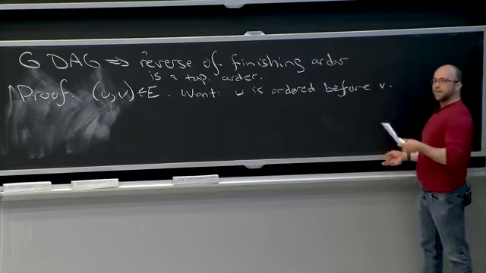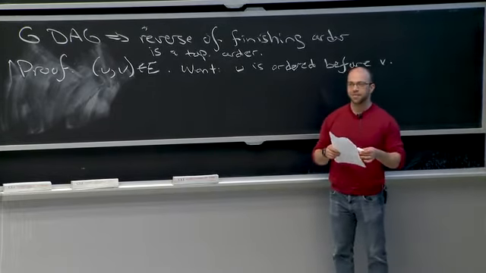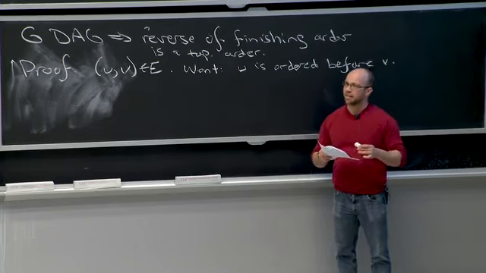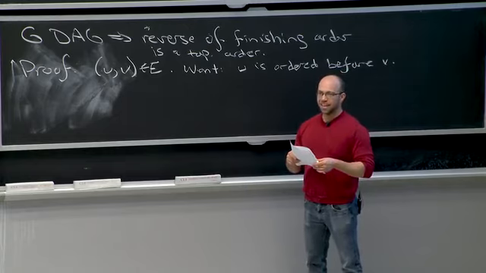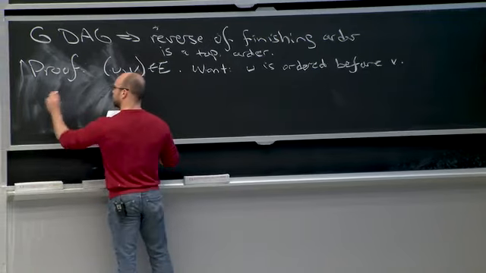Okay? So let's think back to our call to the DFS algorithm. Remember, we call this visit function, right? So we have two cases, right? Either u is visited before v, or it ain't. So let's do those two cases.